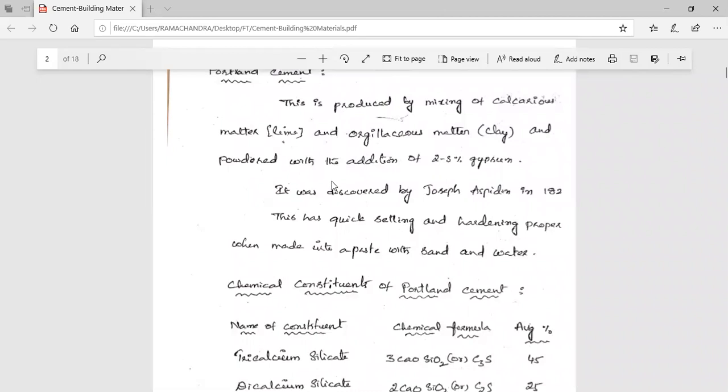It was discovered by Joseph Aspdin, an English scientist, in the year 1824. This cement has a quick setting and hardening property when made into a paste with sand and water. So that is Portland cement.